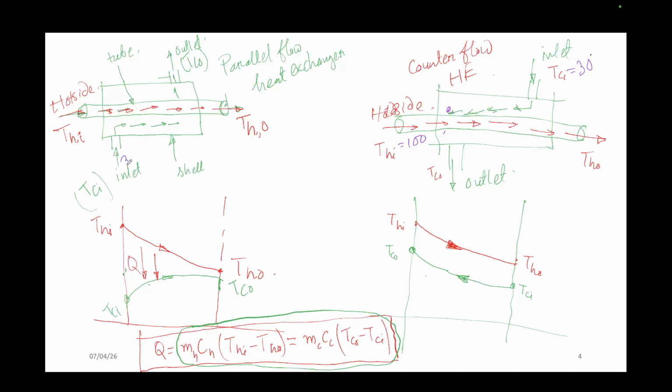Here it is 30 degree, here it is 100 degree. Initially the temperature difference is more, so the heat transfer will be more in this region. But here if it is 80 degree or 70 degree, the heat transfer will be less, right?